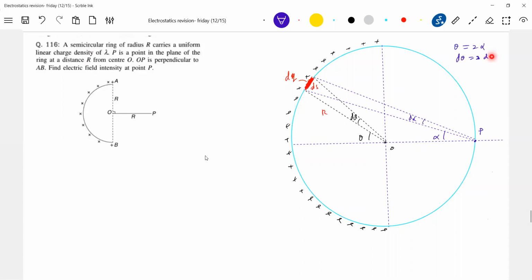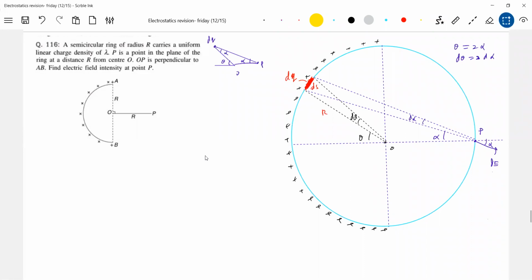There's one basic equation which is going to help us a lot. Look at the geometry part. First, we'll define the field. The field here will be directed in this way. Similarly, shall we assume one more symmetric element?